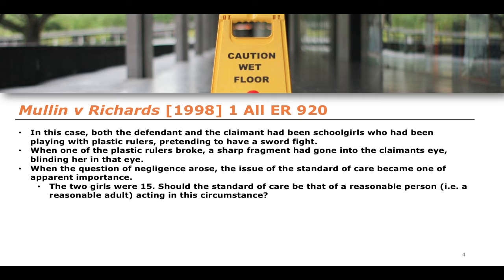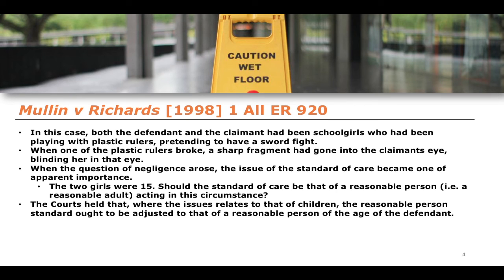It became one of apparent importance. The two girls were 15 years old, and so the question was, should the standard of care be that of a reasonable person, i.e. a reasonable adult who was acting in this circumstance, or should it be the standard of care of a 15-year-old, a reasonable person who was 15 years of age?